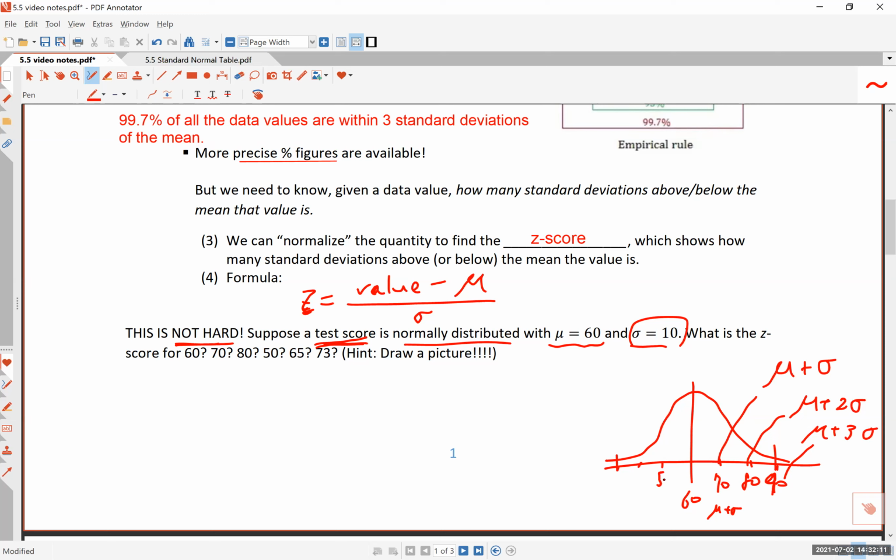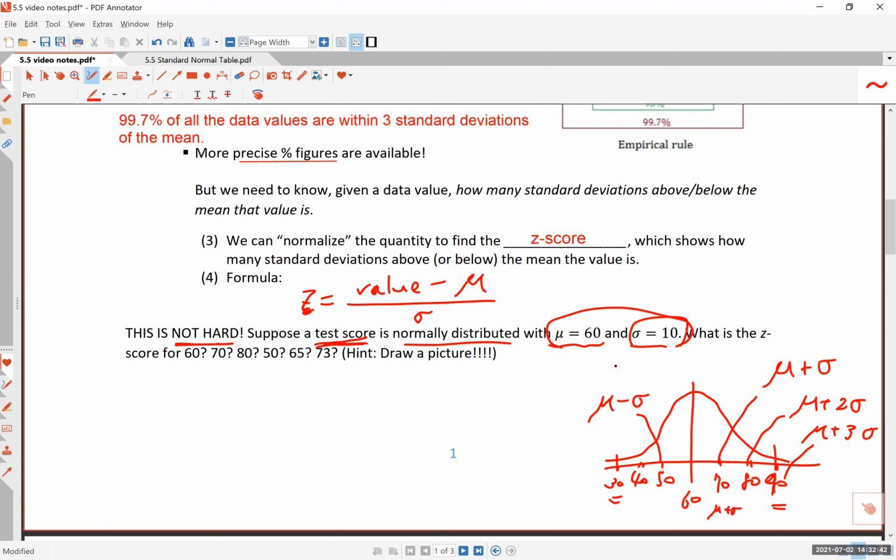This number 50 is mu minus sigma, that's 60 minus 10, and that's 40, and that's 30. According to the empirical rule, the 68, 95, 99.7 rule, virtually everybody should be between 30 and 90 if this information is true and the test scores are normally distributed.